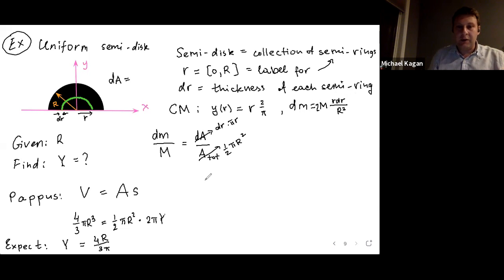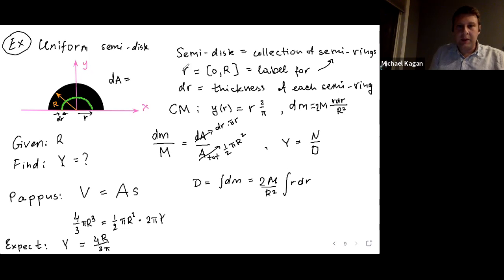Now we have all the ingredients to set things up. I'm reminding you that y equals numerator over denominator. The denominator is simply the total mass. You integrate all dm's. Now let's elaborate. So dm is this combo, that is 2M over R squared, integral of r dr. Now, what is the range of r?